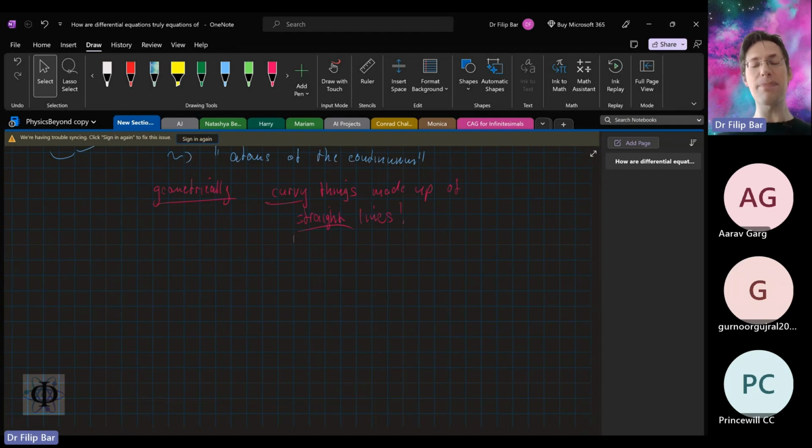You might want to look this up if you're interested, Russell's paradox, if you've never heard about that, about the set of sets that do not contain themselves, or the barber of Sevilla who shaves all men that do not shave themselves. And this leads to paradoxical situations, and this would break mathematics.